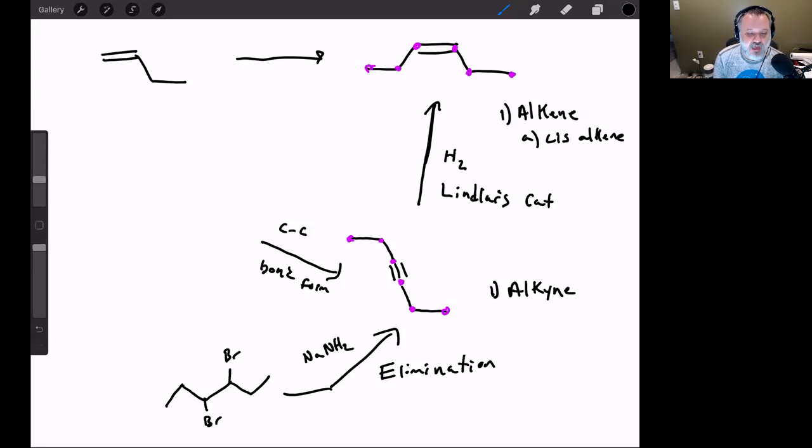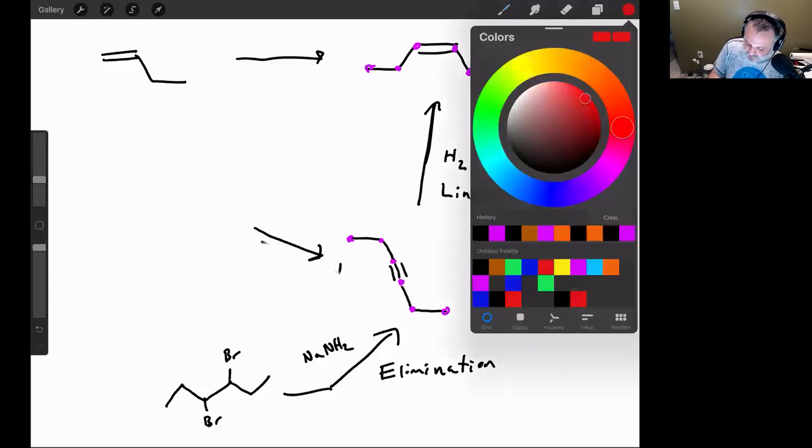Let's think about how I could do it with carbon-carbon bond formation. Well, it doesn't really matter which way I look at it.